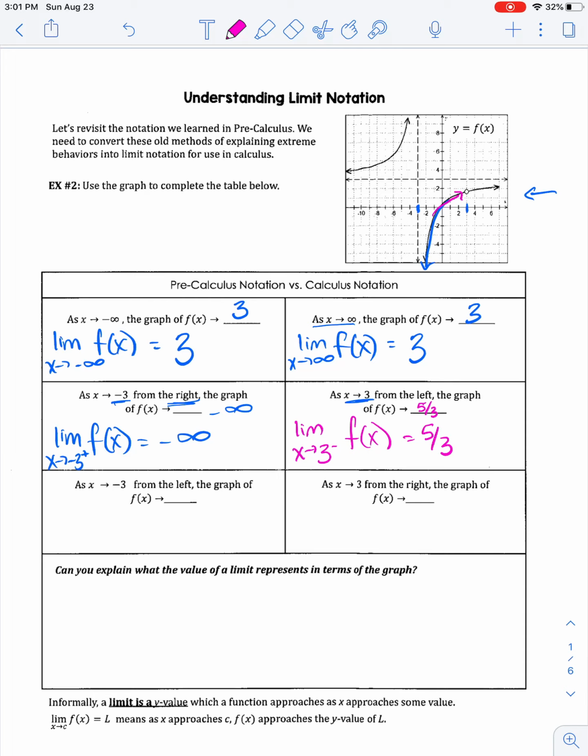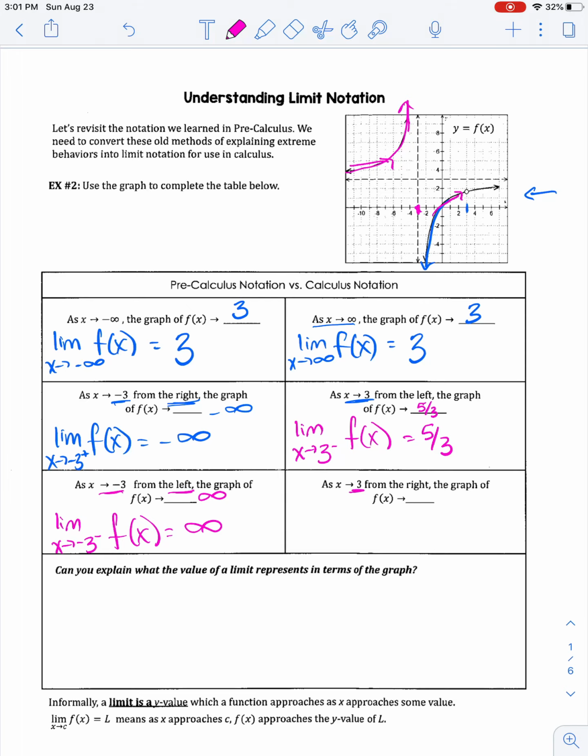Okay, now we're headed to -3 from the left. So there he goes. He's headed to positive infinity. So I'm going to write the limit as x approaches -3 from the left of f of x equals positive infinity.